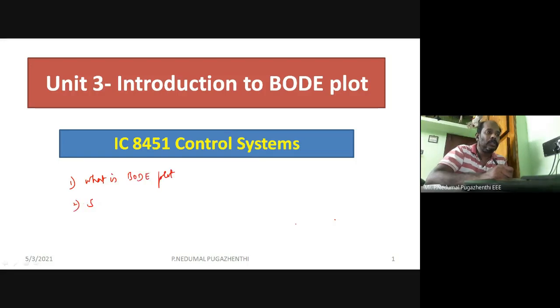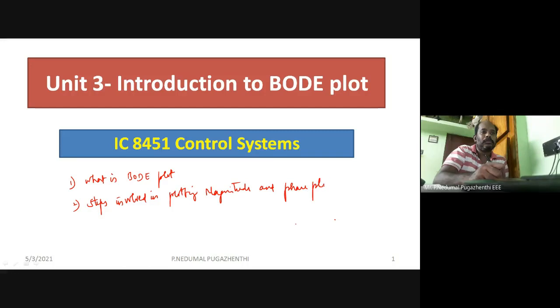Number two, the steps involved in plotting the magnitude and phase plot. And third one is the gain and phase margin calculations.